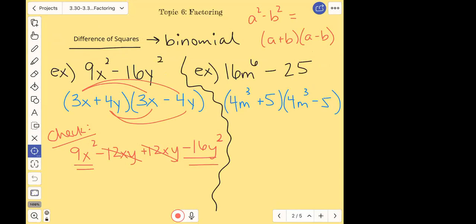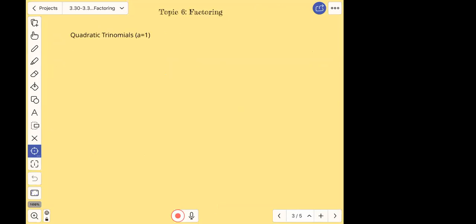Okay, the stuff that I feel like we have the hardest time with is factoring trinomials, quadratic trinomials. So trinomials obviously have 3 terms. And quadratic just means that x squared is the first term, right?